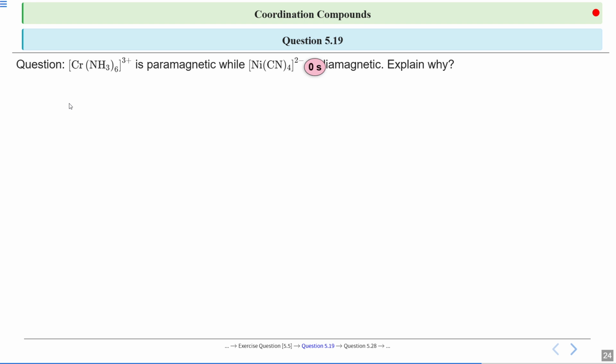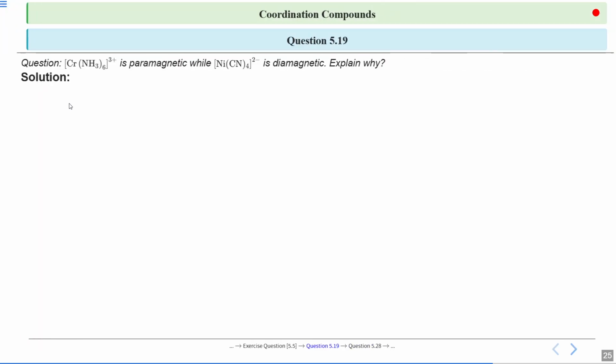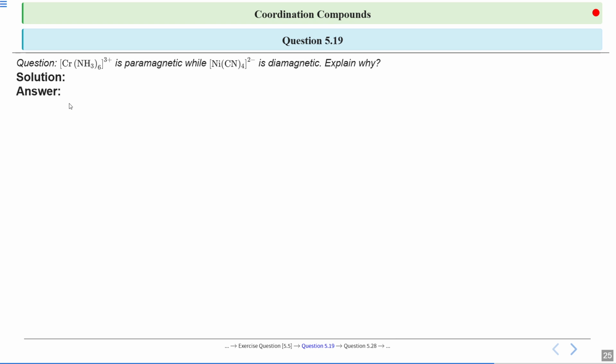Let's see. So this is the representation of the electronic configuration of chromium. The atomic number of chromium is 24, for which the configuration is 3d5 4s1.